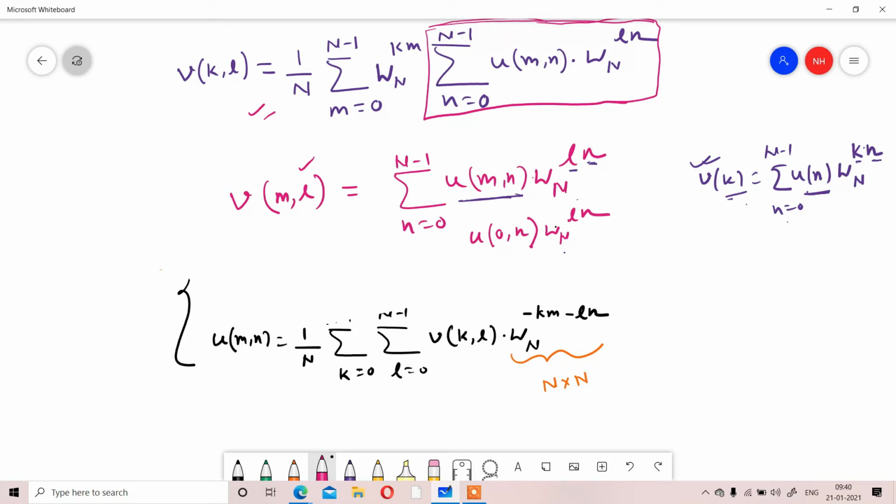Means m defines the number of rows, L defines the number of columns. So for a specific value of m, try to understand it very clearly, over the n the operation is happening.